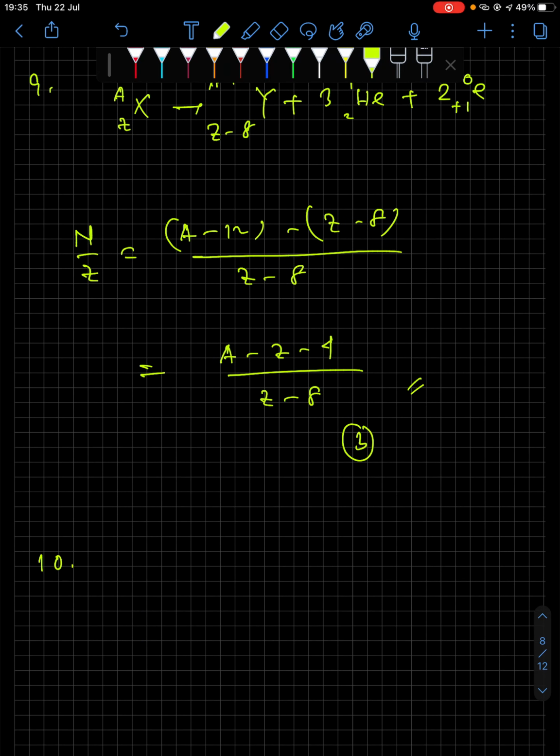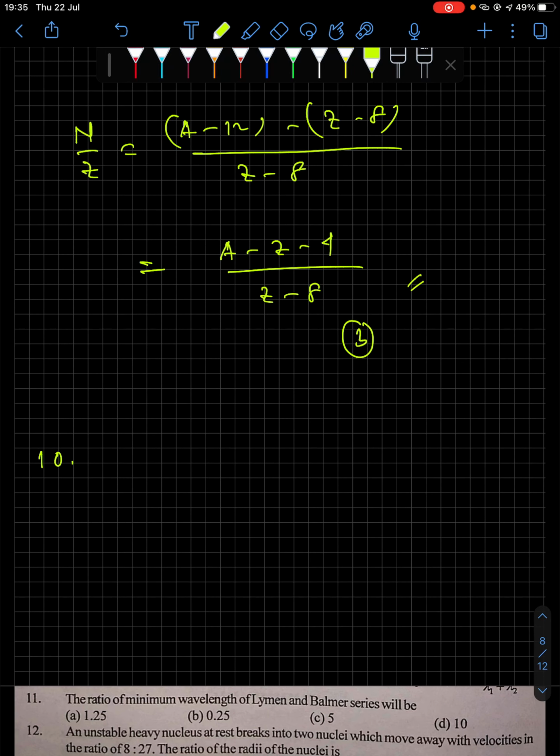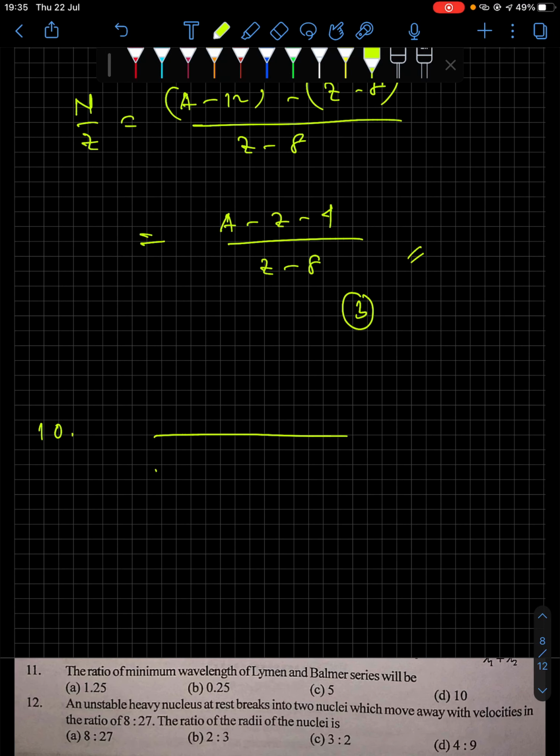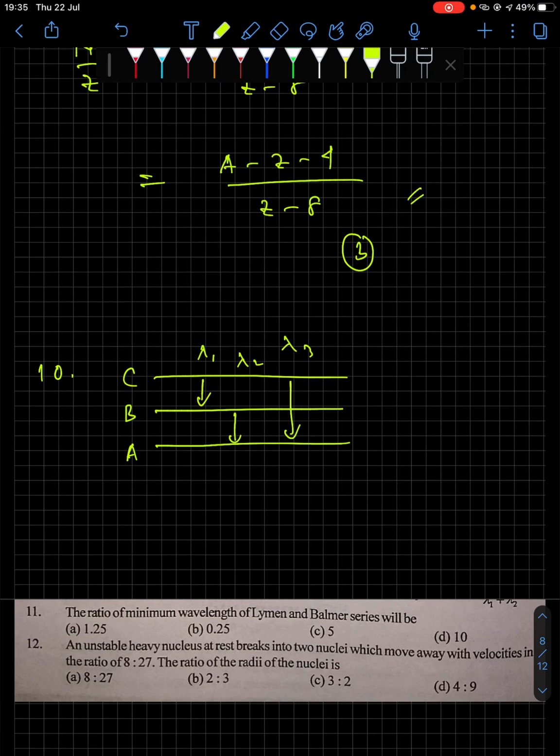So you can set up a diagram for that. Like A, B, C. C to B emitted is lambda 1, then B to A emitted is lambda 2, and C to A lambda 3.